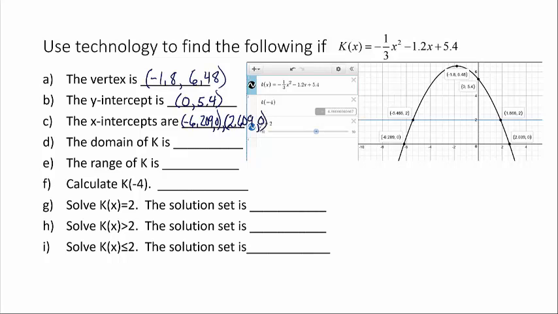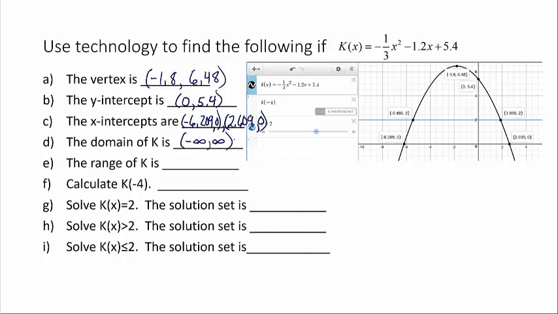Okay, and what is the domain? The domain of a quadratic function is all real numbers unless it's in context and there's something that might limit that domain. So in this case, we're going to say the domain of k is -infinity to infinity. Now the range of k is the set of all possible y values. That does have some limitation with a parabola, right?